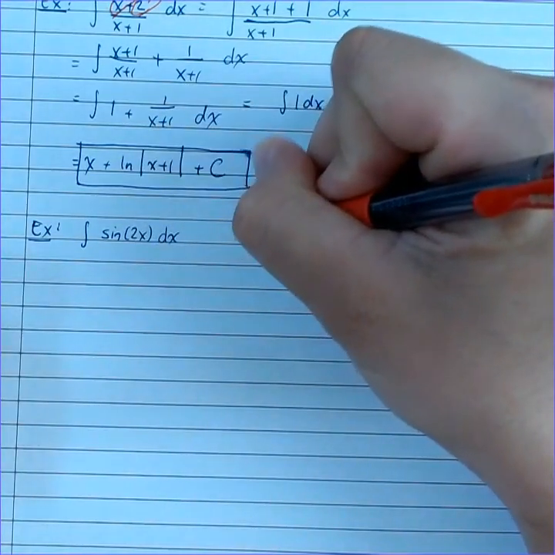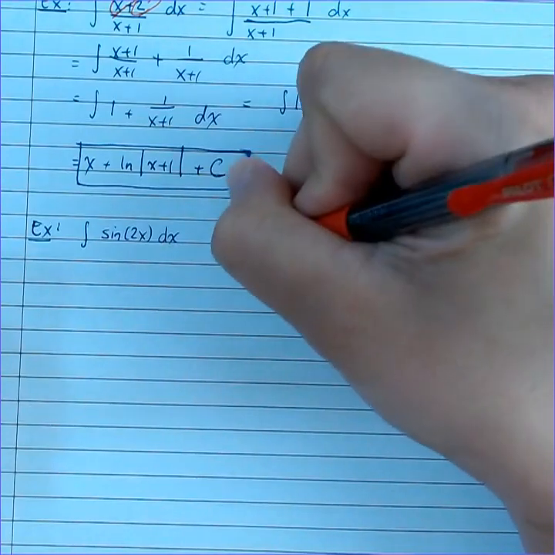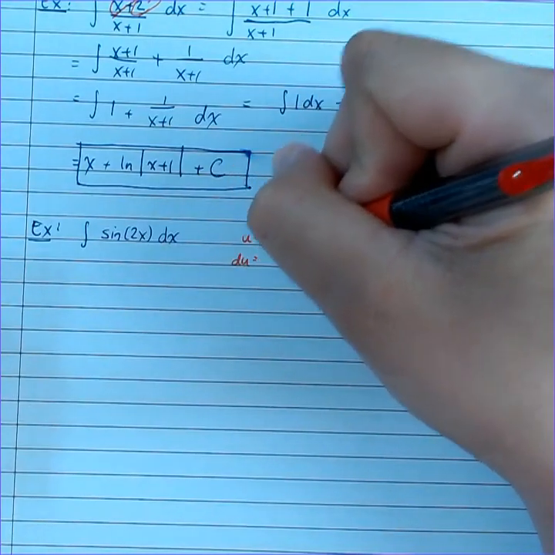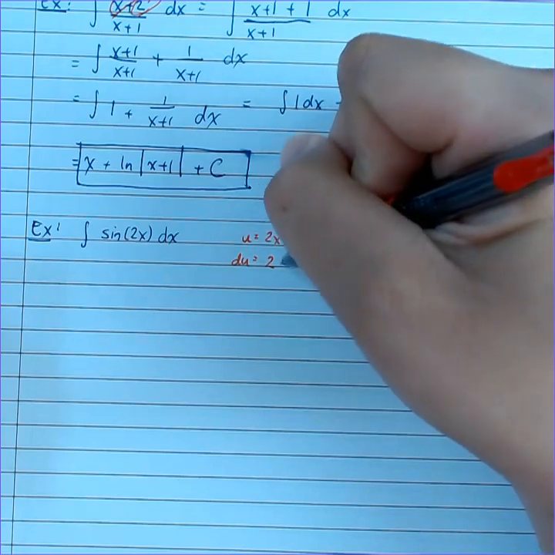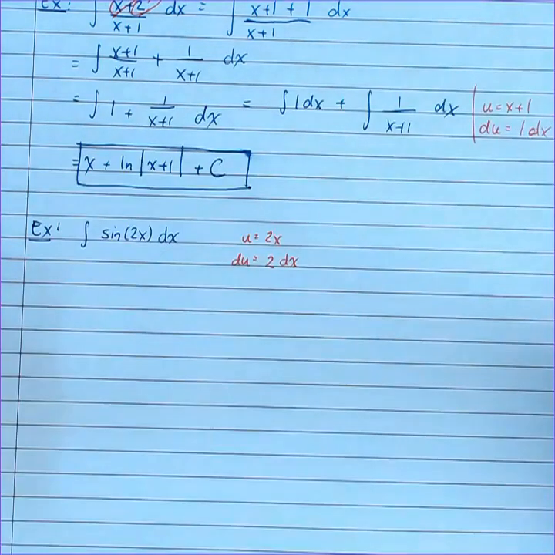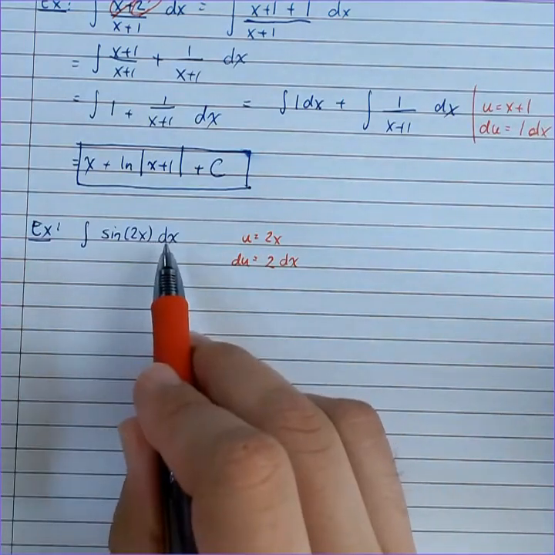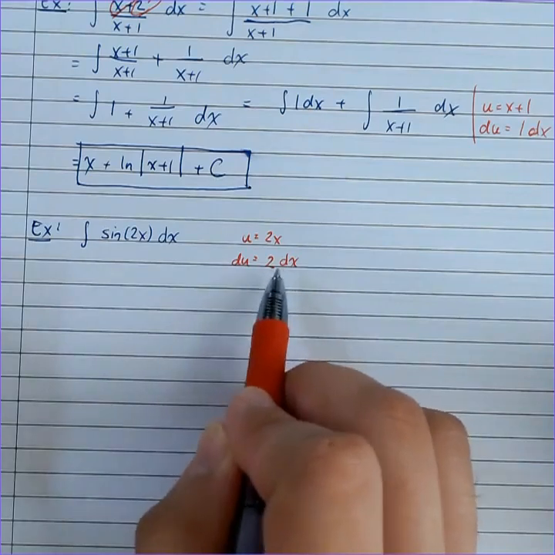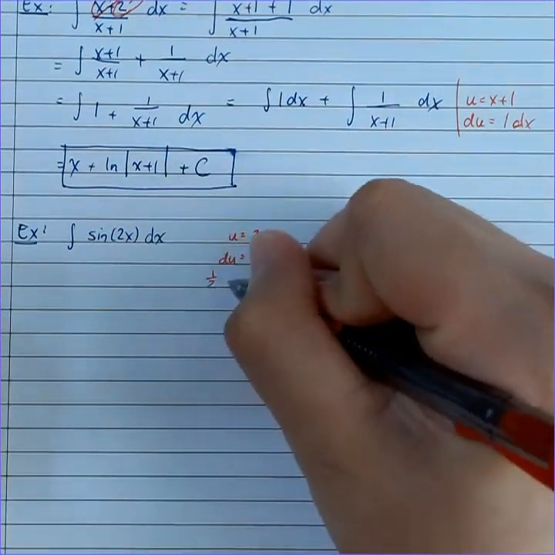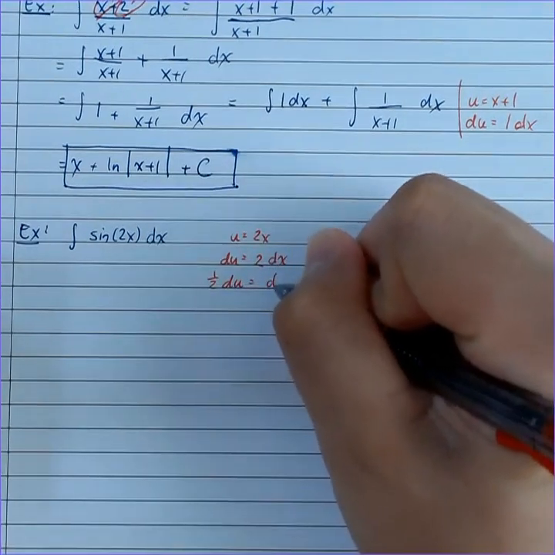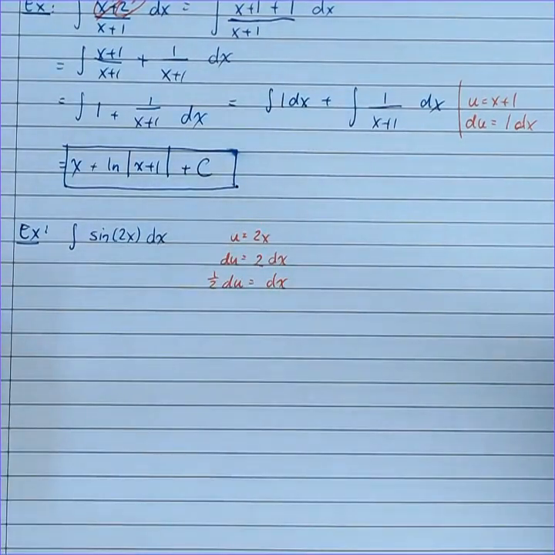I'm going to take u and call it 2x. So du is going to be the derivative of this, which is just 2, times the differential of x, so 2 dx. Well, right here, I have just dx, not 2 dx. Okay, so divide both sides by 2. This will give me 1/2 du equals dx, just like that.